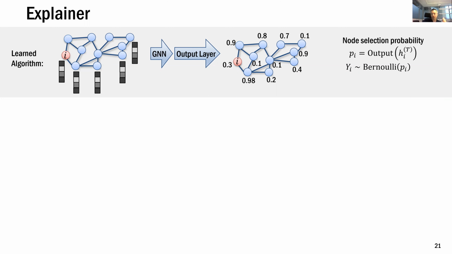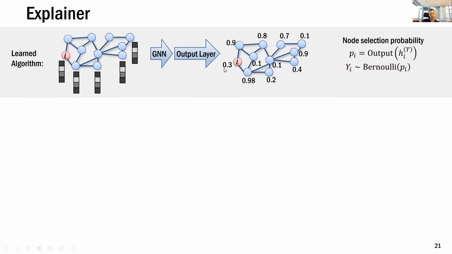So we are actually trying to design some explainable model, trying to explain the decision made by this learned graph neural net based algorithm. So essentially, for instance, your algorithm decides the probability of selecting this particular node is 0.3, okay, based on graph neural net based approach.